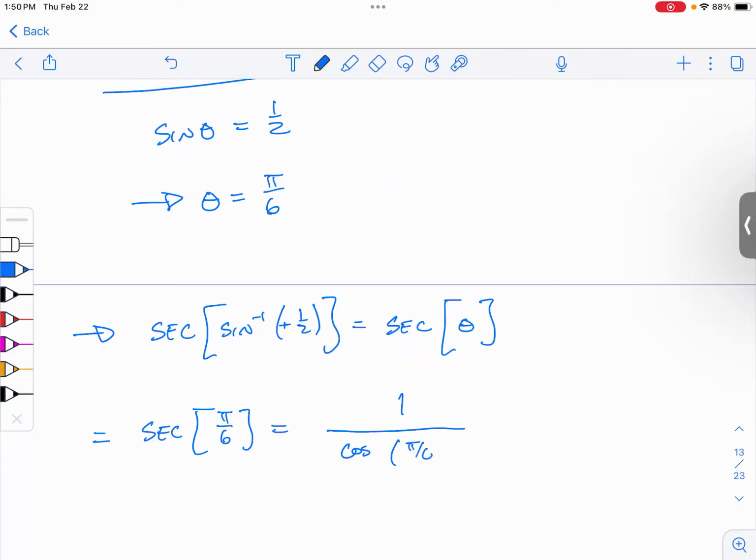Cosine of pi/6. You have 1 all over √3/2. Leave it, change it, flip it. 2 over √3. All right.